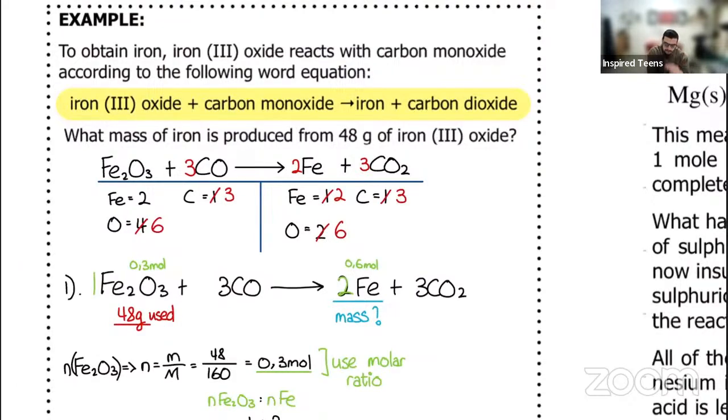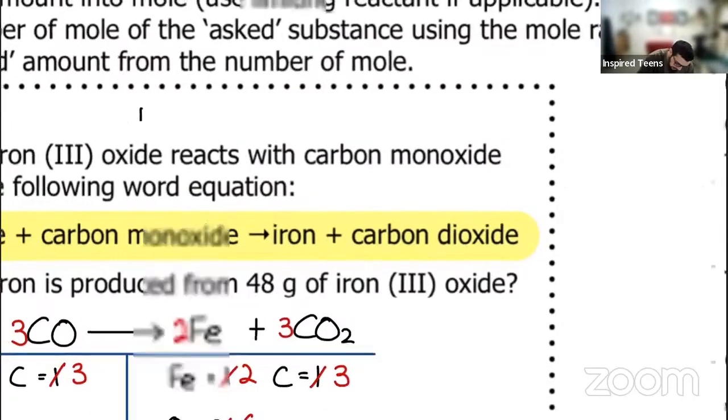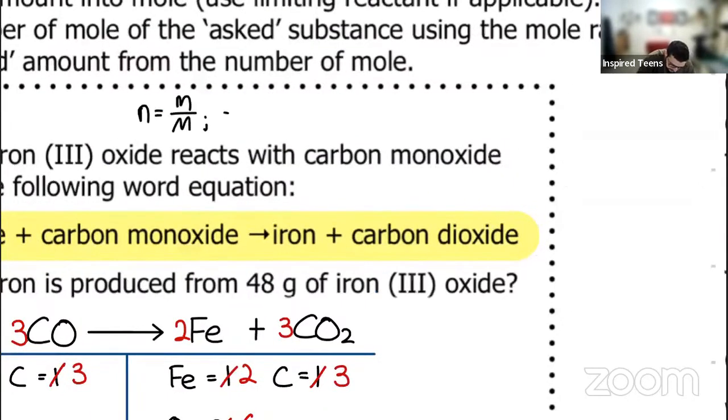You should always have these formulas in your head, these three. n is equal to m over M. c is equal to n over V. And n is equal to V over Vm. Whenever you have the mass, you can always get the moles. If you have the moles, you can always get the mass because the molar mass is constant.